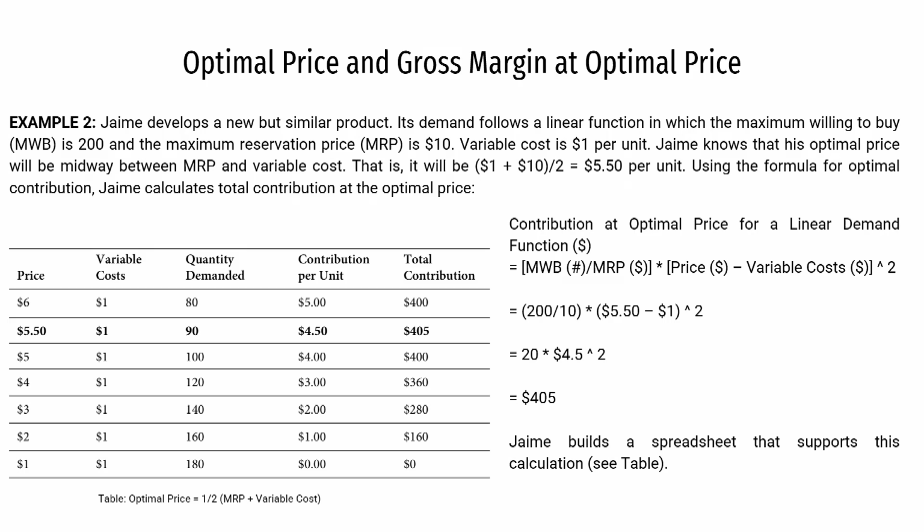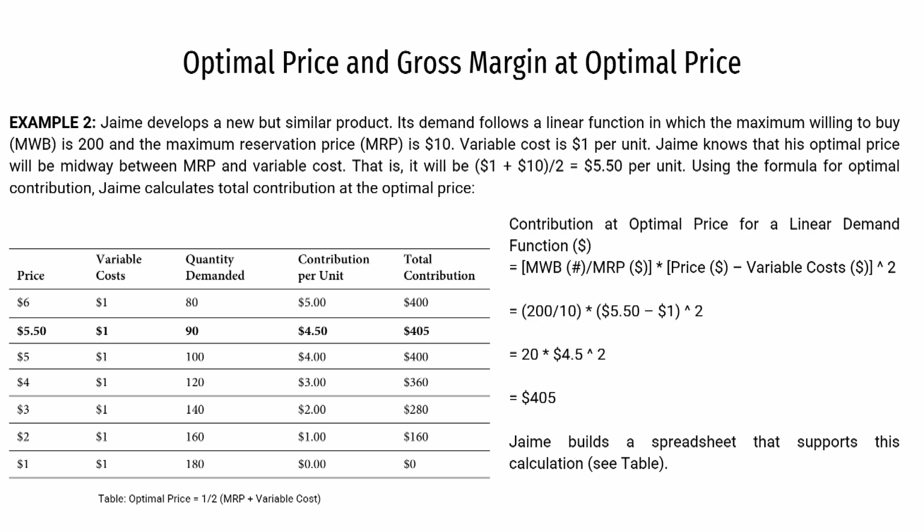Using the formula for the optimal contribution, Jamie calculates the total contribution at an optimal price. So, what is the formula given for total contribution? It is MWB divided by MRP, multiplied by price minus variable cost, whole square. So, what is the MWB value here? It is 200. What is the MRP value here? It is 10.